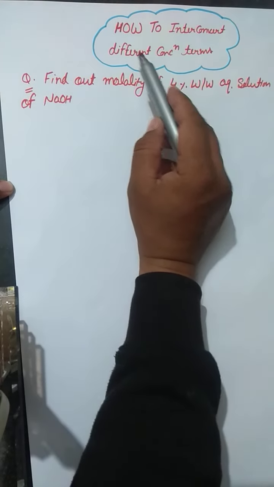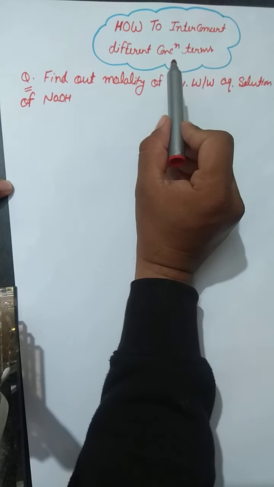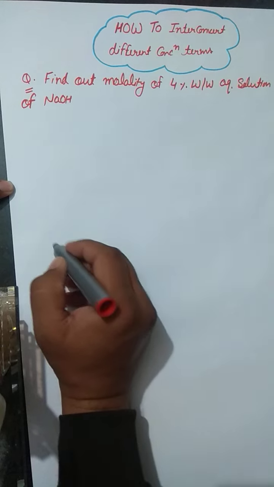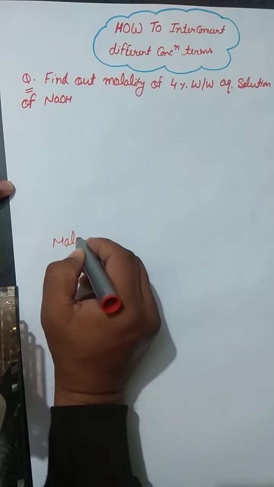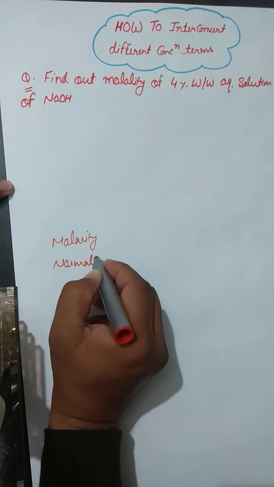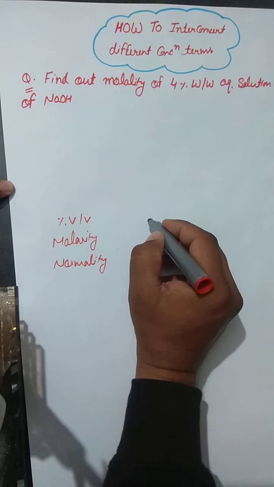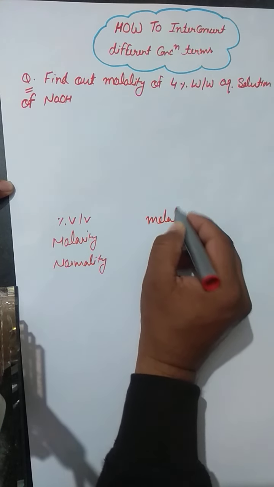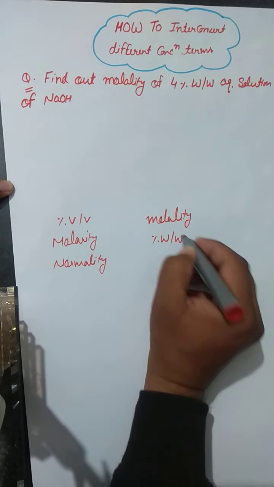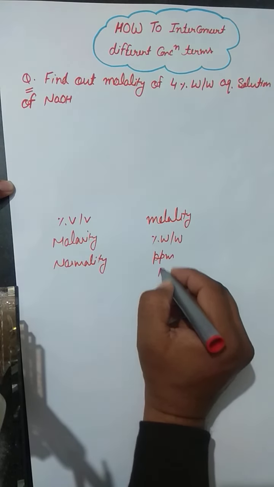Hello students, our today's topic is how to interconvert different concentration terms. We know there are different types of concentration terms, for example molarity, normality, percent volume by volume, then molality and percent weight by weight, then ppm, mole fraction.